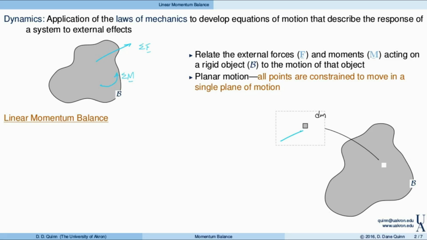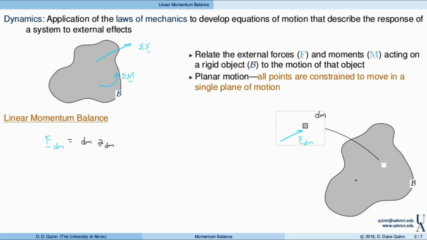We'll describe the forces that act on that mass as F dm. And so linear momentum balance for an individual particle says that F dm is equal to the mass, which of course is dm, a little bitty thing, times the acceleration of that mass element, a dm.